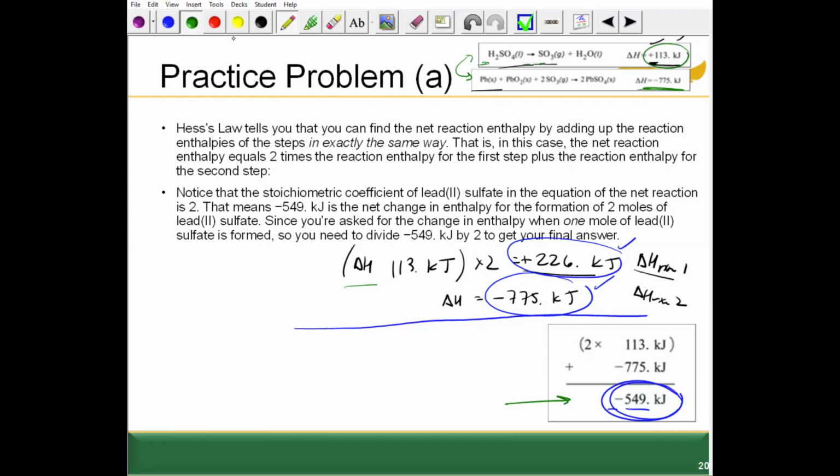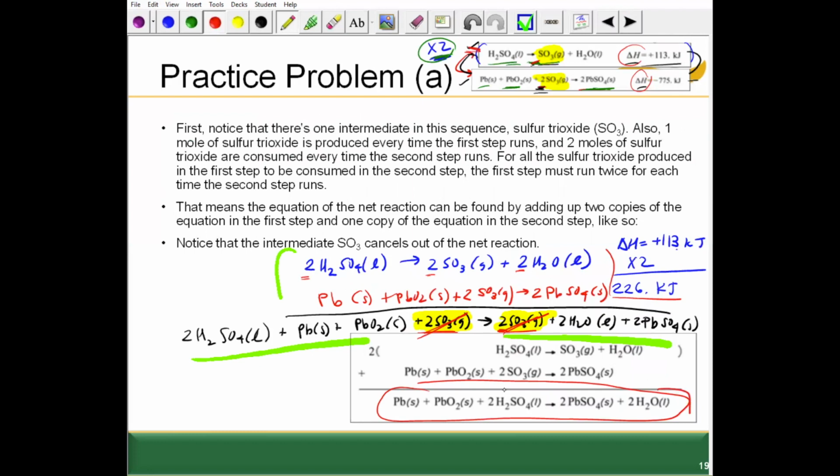Now we're not quite done with this one though, because this is the enthalpy of reaction for this final reaction. What do you notice about the molar coefficient for our product of interest? This many kilojoules is associated now with 2 moles of lead(II) sulfate.